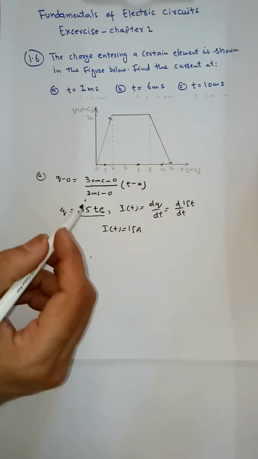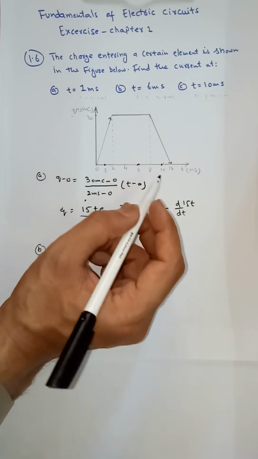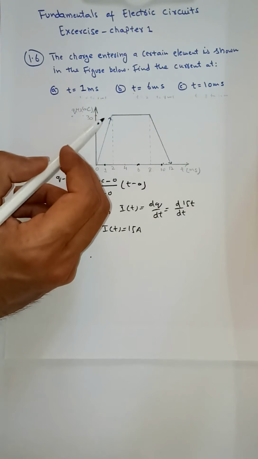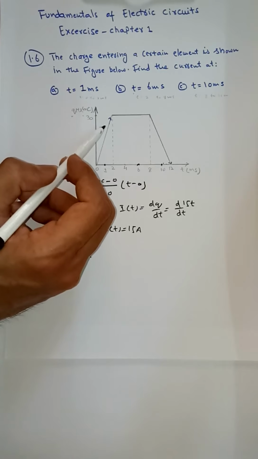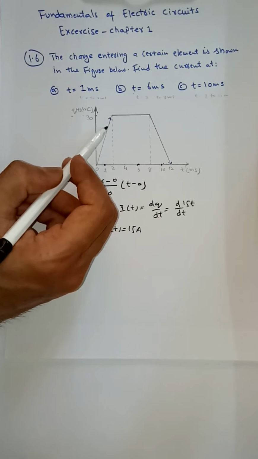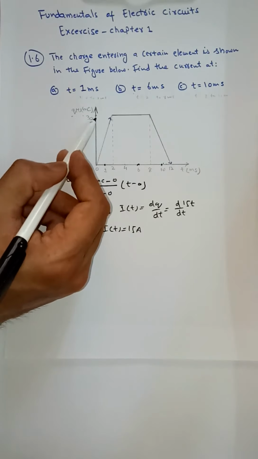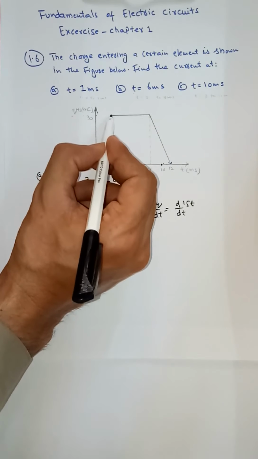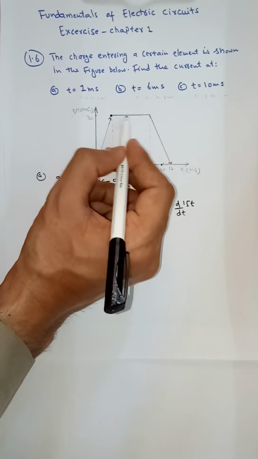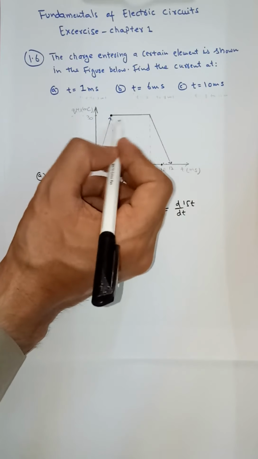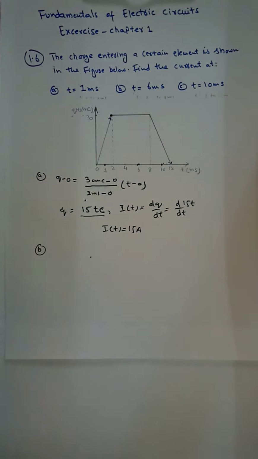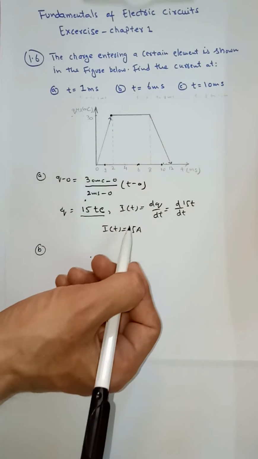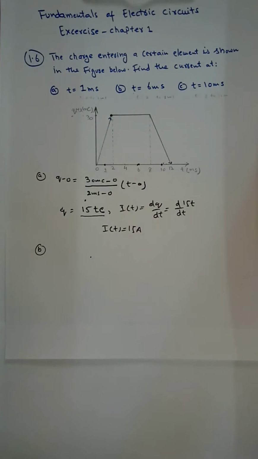However, for point B, at 6 millisecond, the response is a straight line, constant at 30 millicoulomb. As we know that this is constant, the response is straight, and we don't see any variation here. For a constant charge, you get zero current.